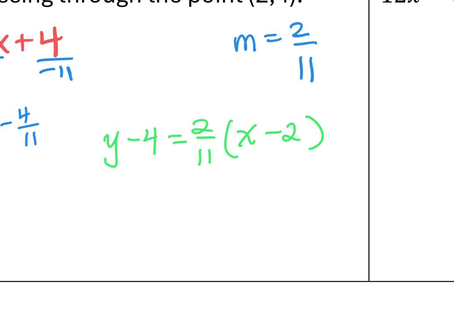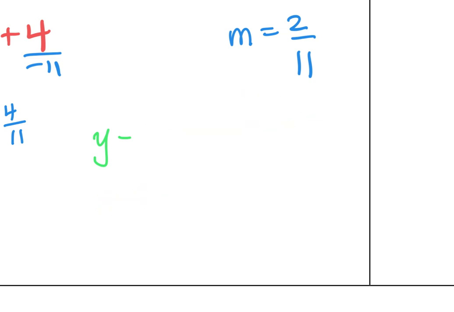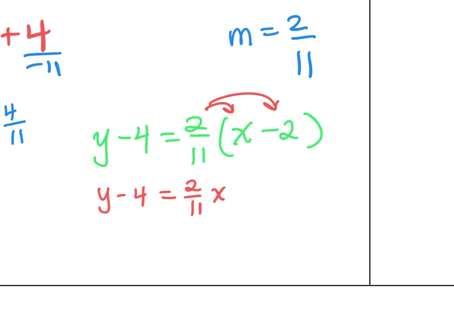All good? Okay. Now that it's plugged into point slope, again, we're just using more algebra. We'll distribute this, simplify it, get the y by itself. So we have 2 over 11x minus 4/11.